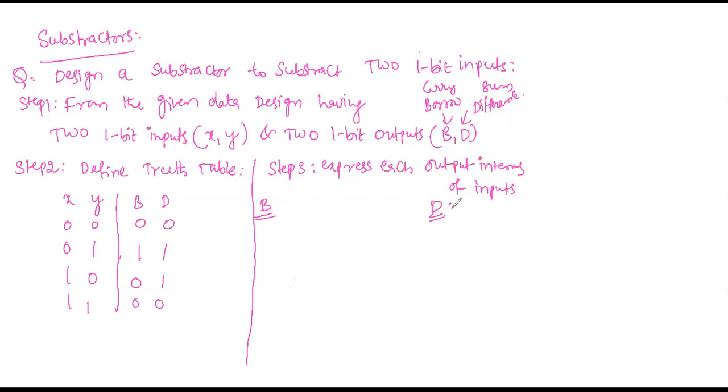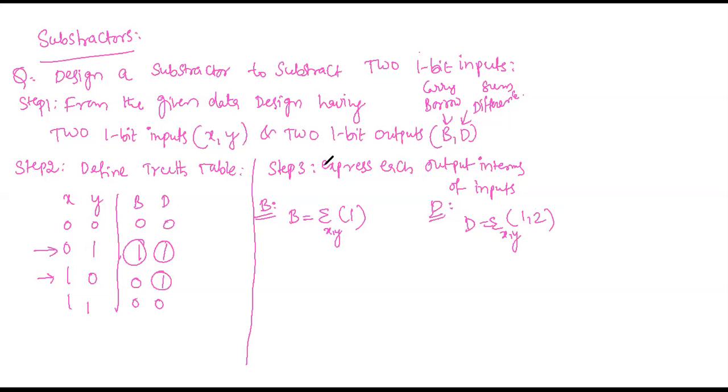First, express these as a standard SOP form equation or standard POS form equation. I am going with the standard SOP form equation. B is equal to, wherever it is 1, write out the equivalent input. B is equal to sigma x comma y of 1. Coming to the difference, when D is 1, the input values are 1 and 2.